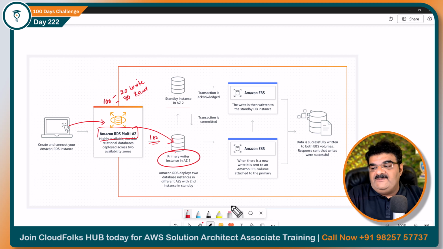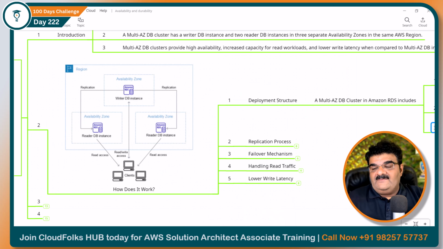Now, here we have a different scenario. Let's go to this picture so you can get a better idea about it. If we are getting 100 requests here, again, 20 requests are actually write requests. So this one will handle that. I am managing write requests, so I will manage this. Now this main DB instance, which is the writer instance, is only managing 20 requests here.